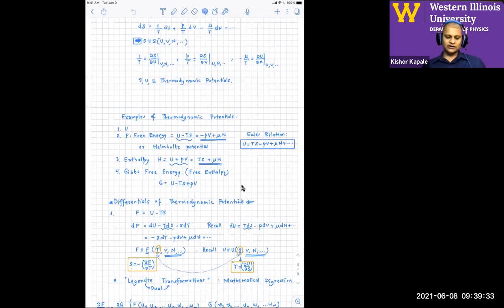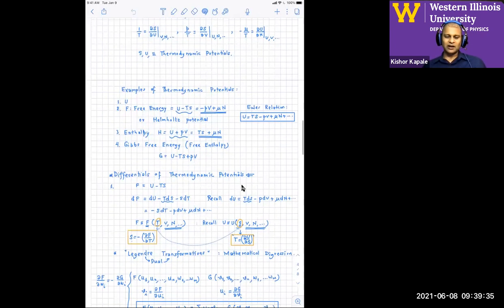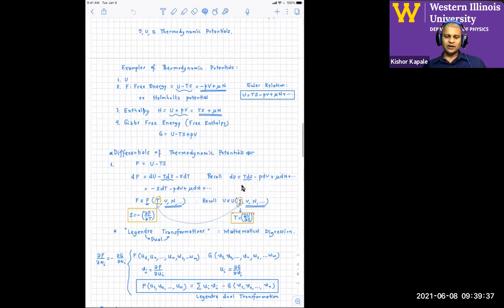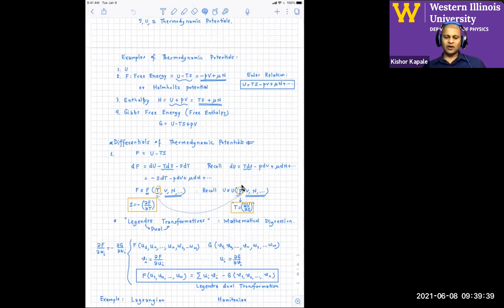Here, U, of course, is more prevalent, but free energy is useful. Enthalpy is very commonly used in chemistry analysis, and Gibbs free energy is the most useful one in statistical mechanics as well.